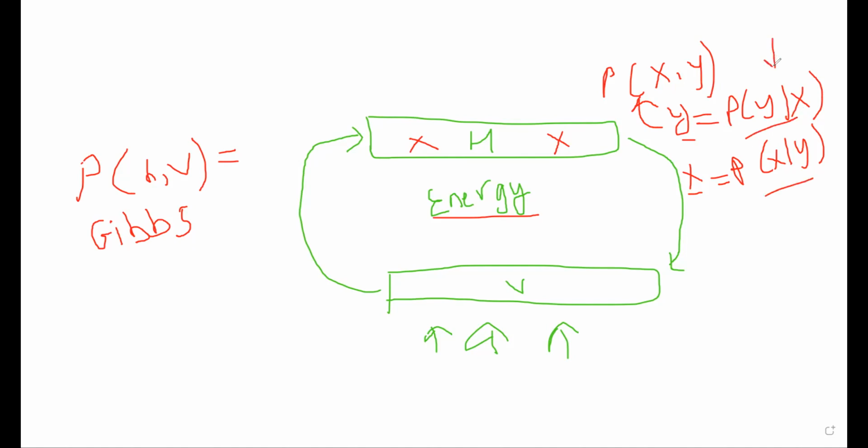Similarly, when I input the data from the input layer to the hidden layer, I'm going to sample from the probability of H equals 1 given V, for example. I estimate this for each of the neurons in the hidden layer.